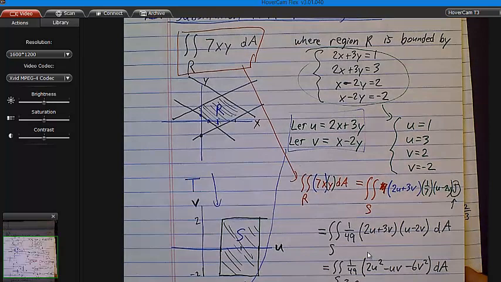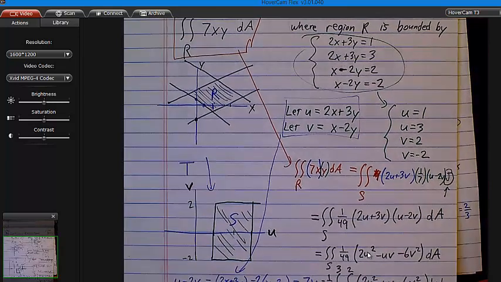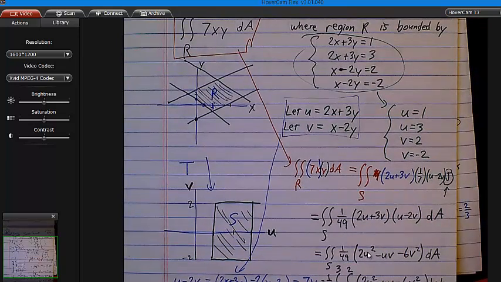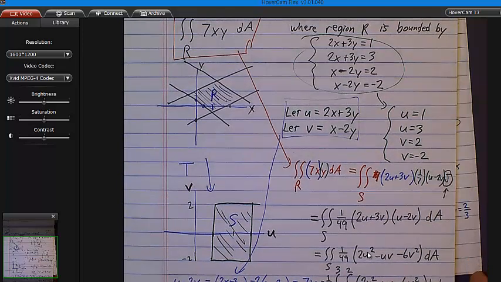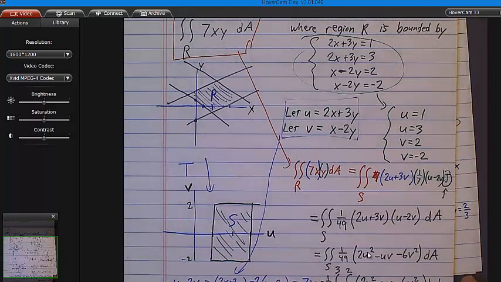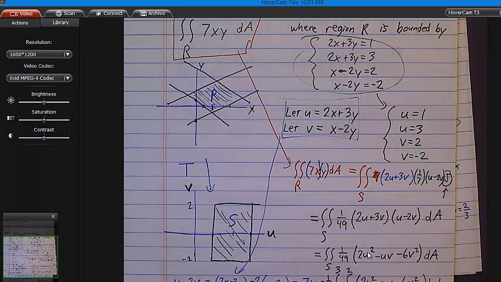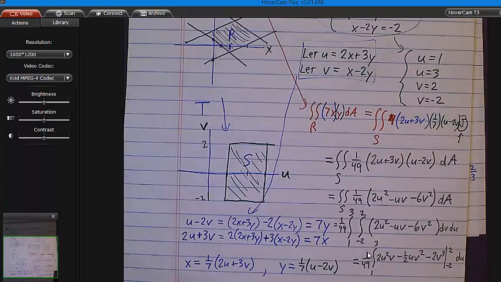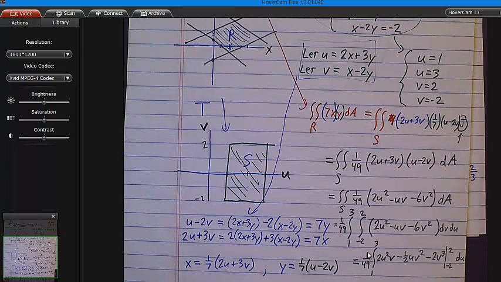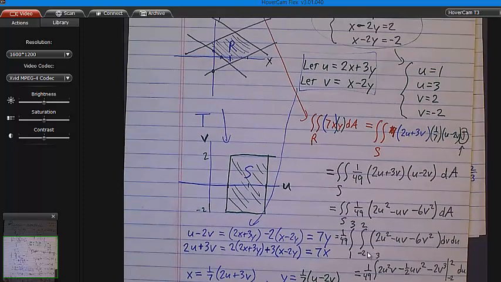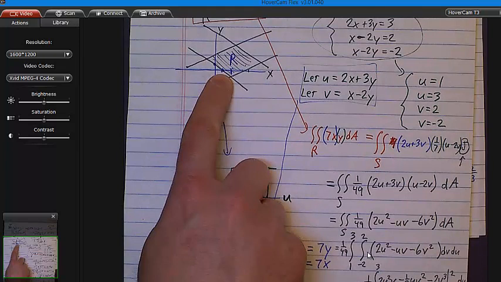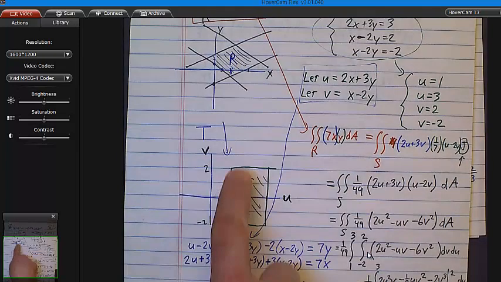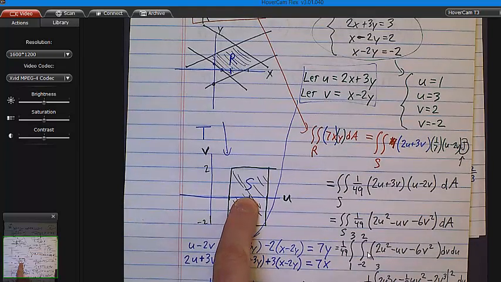The fudge factor for us was what? 1/7, right? And really, that was the transformation from, if you look at it, from x's and y's to u's and v's. I guess what I'm saying is this area is 1/7 of that area. That's really what I'm saying.